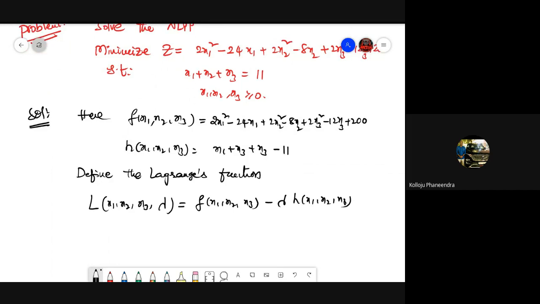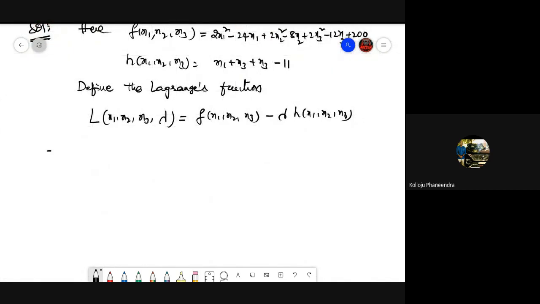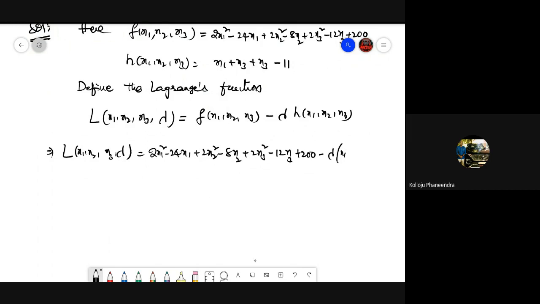Let me substitute: L of x1 x2 x3 lambda equals 2x1 square minus 24x1 plus 2x2 square minus 8x2 plus 2x3 square minus 12x3 plus 200 minus lambda into x1 plus x2 plus x3 minus 11. Now Lagrange's function is over.